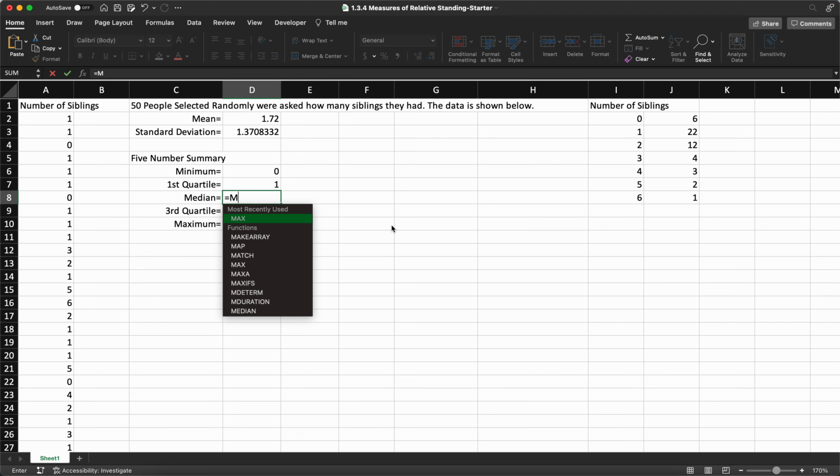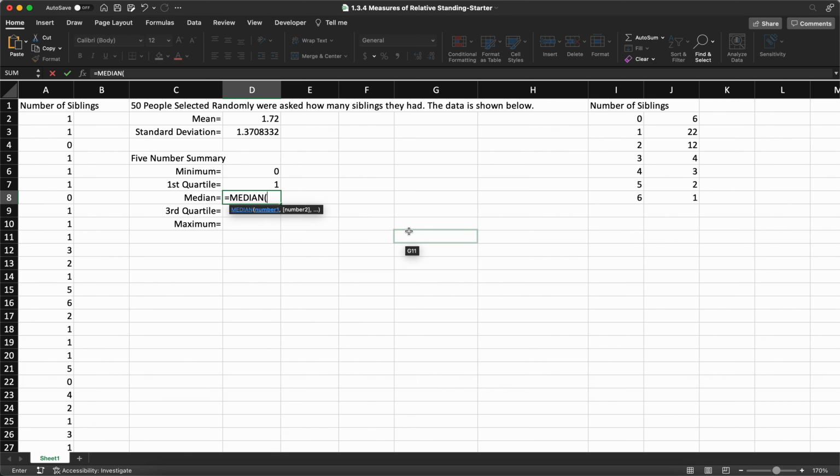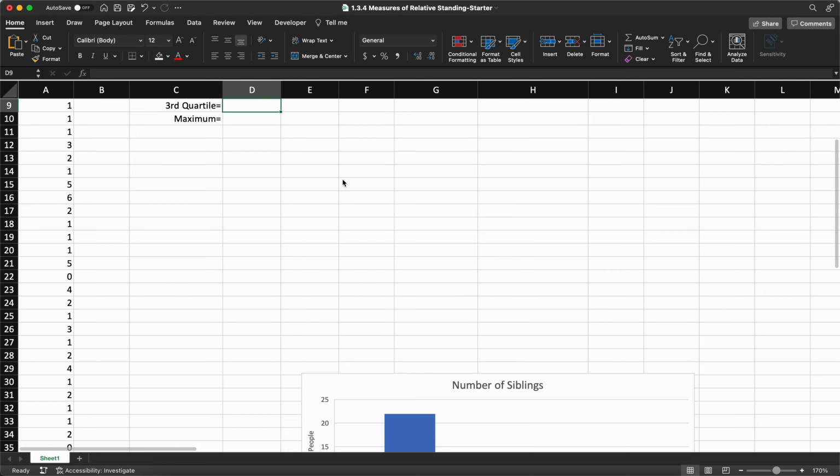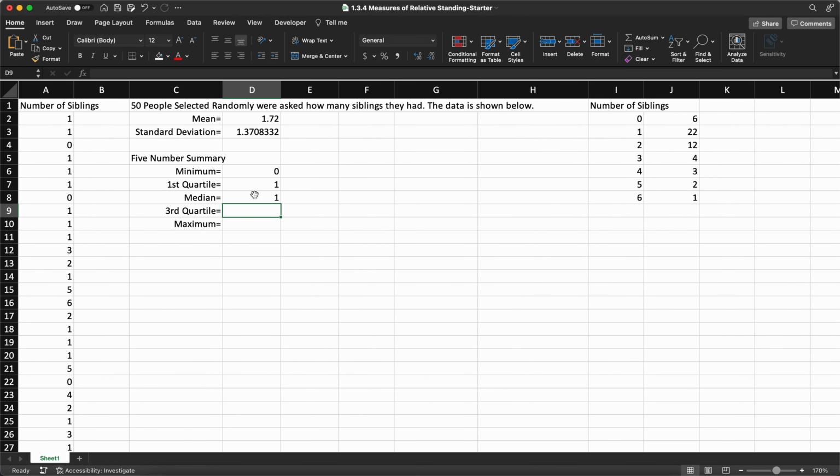So then we have the median, which I had already calculated in the previous video to be 1. And you can see the first quartile and the median are the same because there are just so many values in this data set that are actually 1. There are so many people that said they had 1 sibling that the 25th percentile and the 50th percentile are the same number.